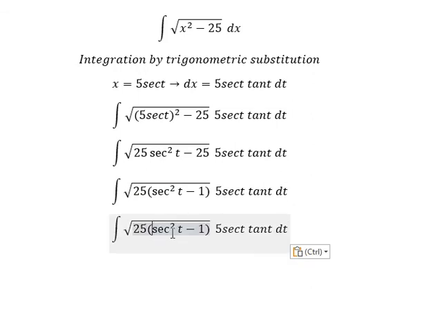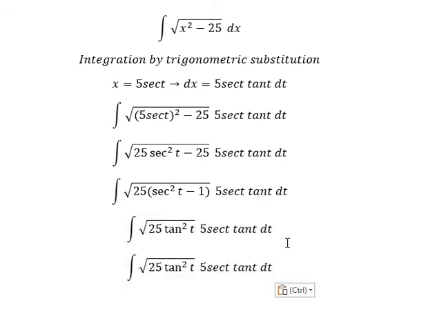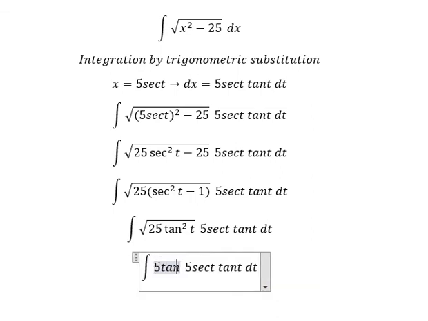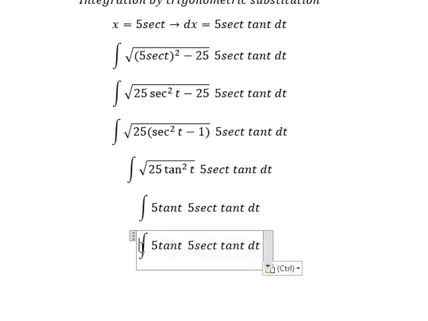And this one we change to tan t square. The square root of 25 tan t square we have 5 tan t. Number 5 and number 5 we have 25 tan t, and tan t we have tan t square.